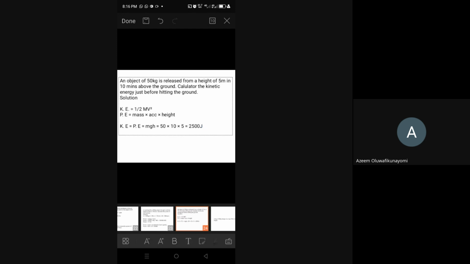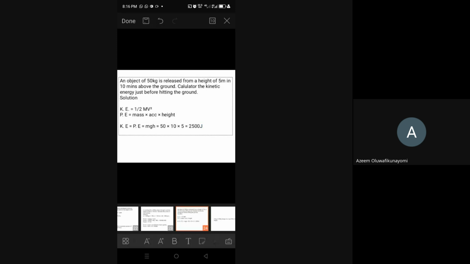Before the object moves, kinetic energy is zero. There is no kinetic energy before the object moves. An object that is just about to move has only potential energy. When the object has started to move, kinetic energy equals potential energy, especially when it's just about hitting the ground. When an object is at a particular height, at that height, the object does not have kinetic energy.